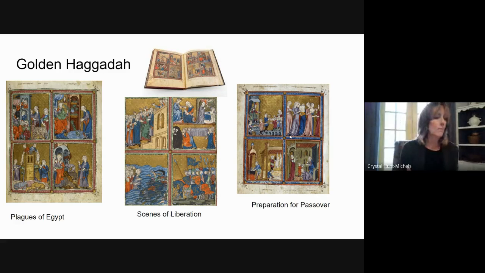And this page specifically depicts different traditions and different things you do to prepare for this Passover celebration. In the upper right-hand corner, we have Moses' sister, Miriam, who is playing a tambourine.